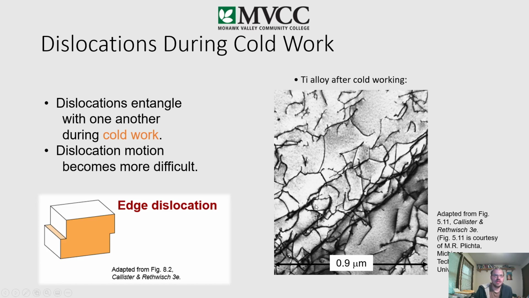After cold work, all these edges, and I think of them like hairs, get crammed together and they don't want to pull apart. So these dislocations entangle with one another during cold work. Again, these are like edge dislocations. Just getting those to pass each other is difficult. And the more work you do, the more cramming of material together, the tighter the pattern of cold work you're going to get, and that's going to keep it from wanting to pull apart.